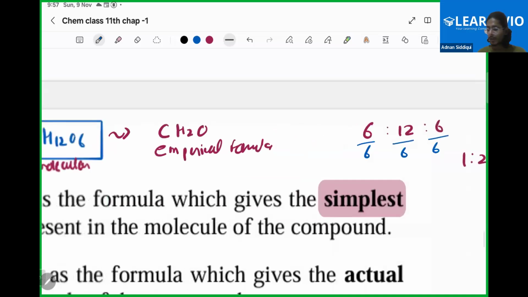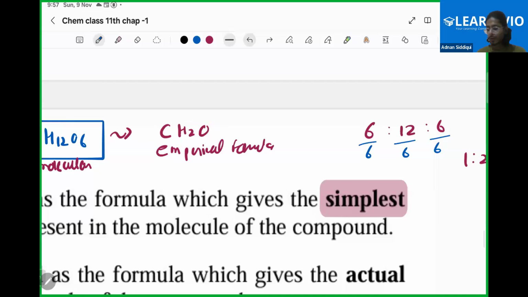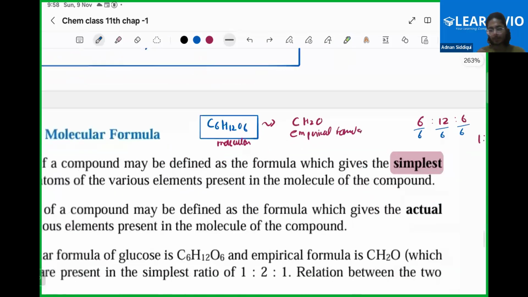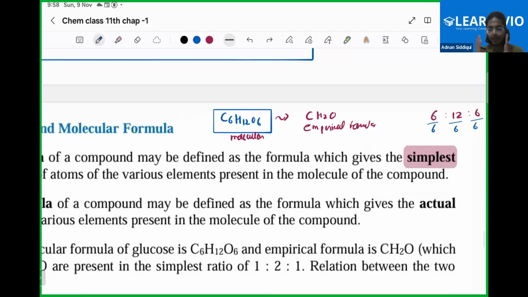If you are writing your formula in simplest whole number ratio, then you call it the empirical formula. Your molecular formula is the formula where you are actually seeing how many atoms are present in your molecule. But in empirical formula, you are just taking the simplest whole number ratio of those atoms. This is the simple definition of empirical and molecular formula.